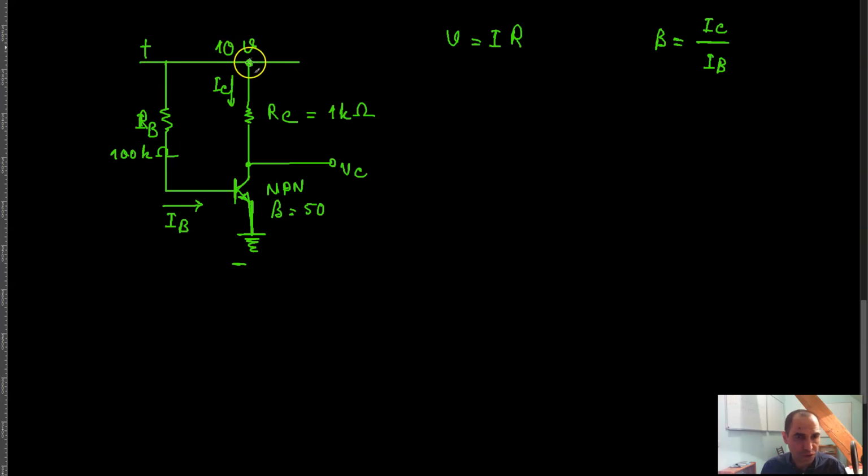I already know that there is some voltage drop in the base emitter junction of this transistor, because it's a forward biased diode, and the voltage drop across a forward biased diode is 0.7 volts.